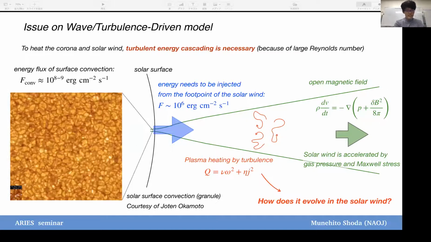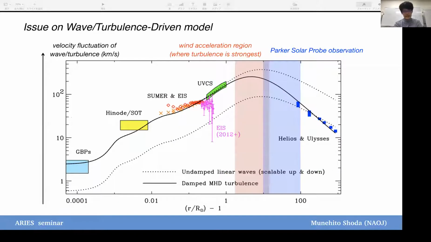So what I'm showing here is the theoretical expectation of the amplitude of turbulence, or amplitude of velocity fluctuation, from the solar atmosphere to the solar wind. So this black solid line shows the theoretical radial evolution of the amplitude of turbulence, and each symbol corresponds to the observation.